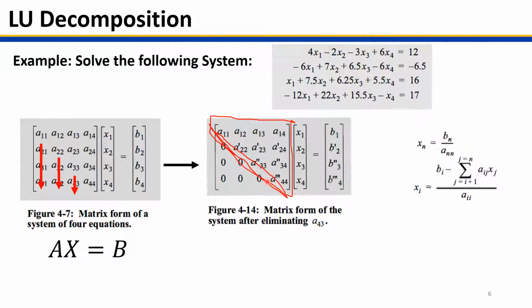Then we have this upper triangular matrix, so you'll see that triangle. Once we have it in this form, we back substitute and use the equations to back calculate the results.